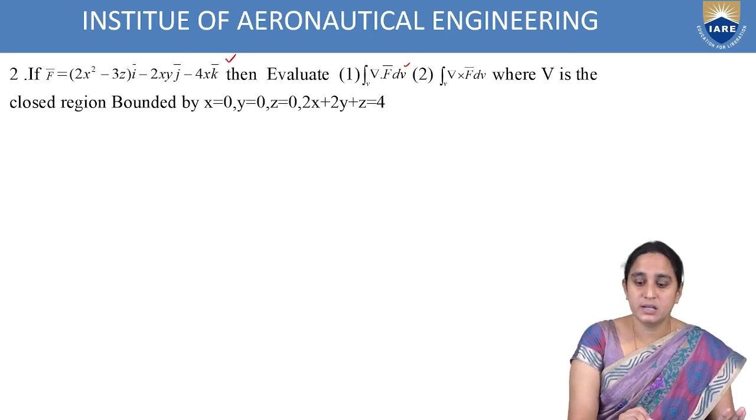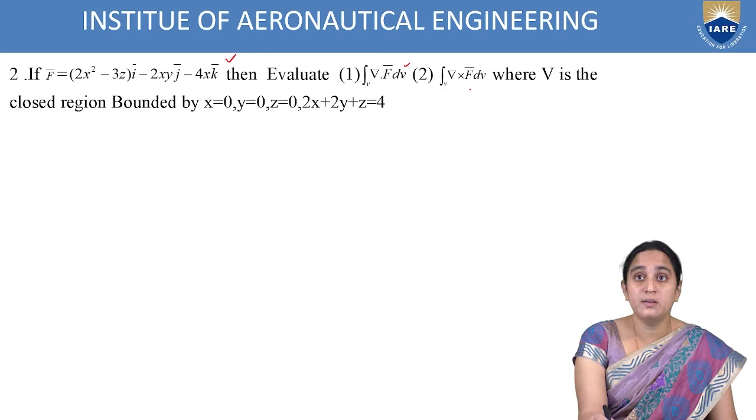Here we have to calculate the volume integral for del dot of f bar. That's the first question. And the second question is integral v del cross of f bar dv. Del cross of f bar dv means what? That is the curl f bar. Curl f bar means that is the cross product of del into f bar. Here we have to calculate the volume integral for the del cross f bar into dv. dv means dx, dy, dz.